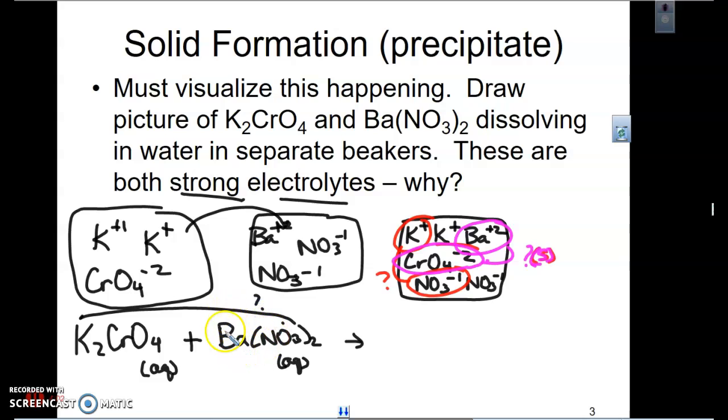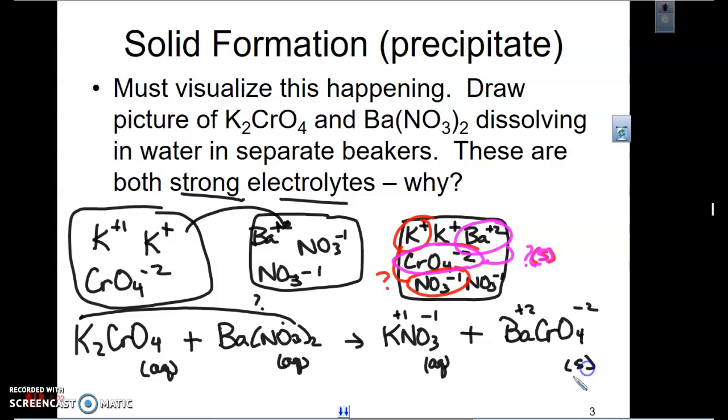And we said, nope, check your solubility rules. That's not going to happen. They just remain, so they're a possibility, but we know from the solubility rules they remain aqueous. But how about barium and chromate? Well, we know from the very last rule that is going to form a precipitate, so that's our solid precipitate.